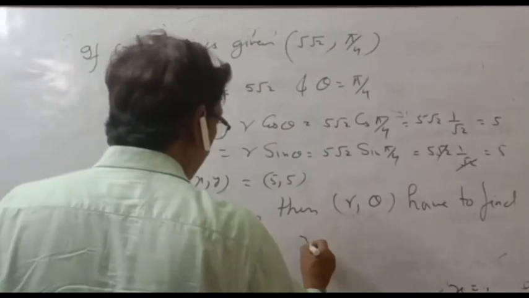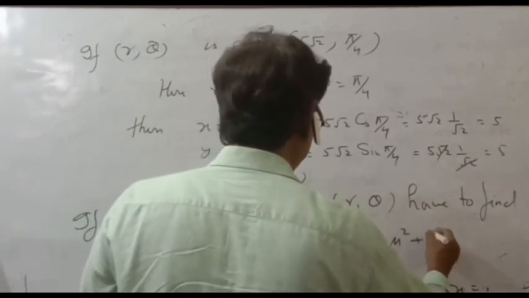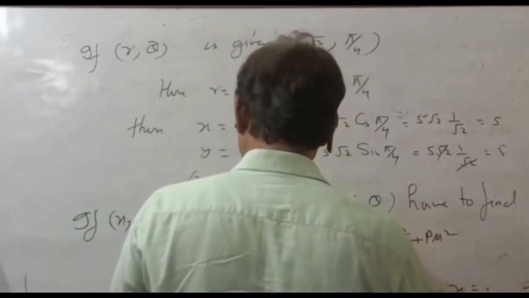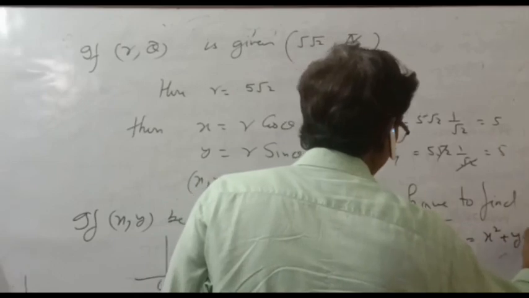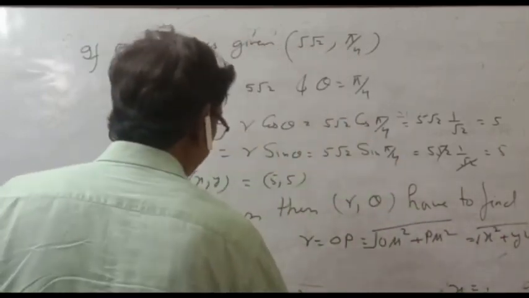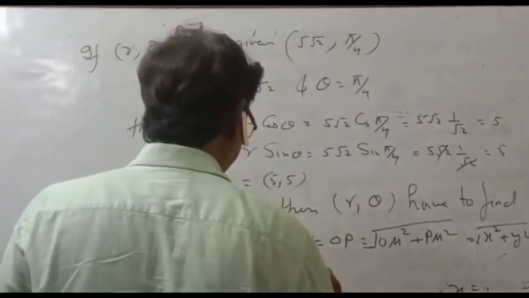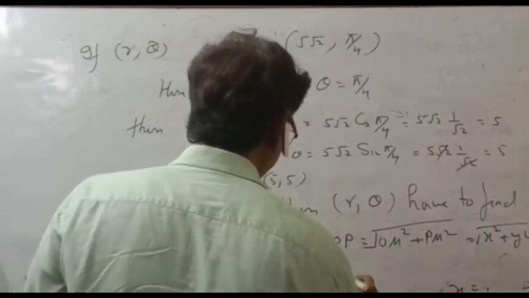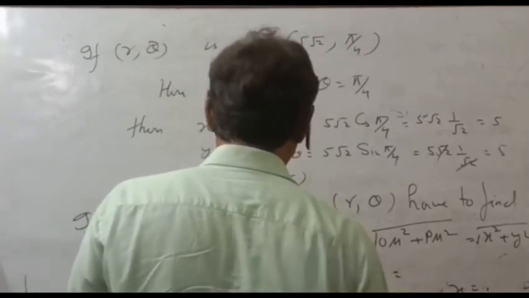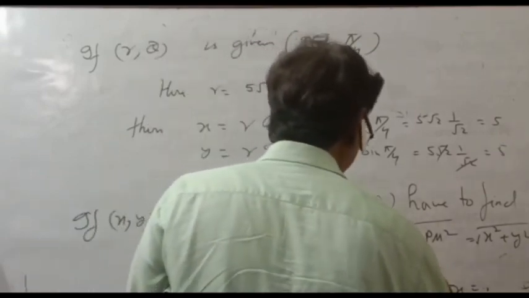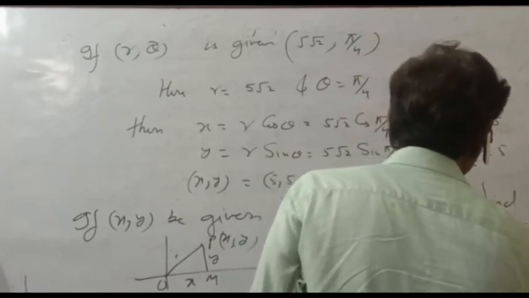Hence r is equal to OP, that is root of OM square plus PM square, that is root of x square plus y square, and tan theta is equal to PM by OM, that is y by x, that is theta is equal to tan inverse of mod y by x.